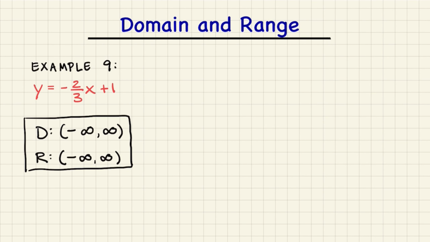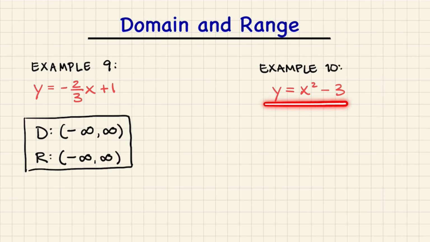Now let's look at our final example. So looking at our equation here, the first thing to note is that it is a quadratic because of this x squared. So it's going to be a parabola, and since it's a positive x squared, it's going to be a parabola pointing in the positive direction.